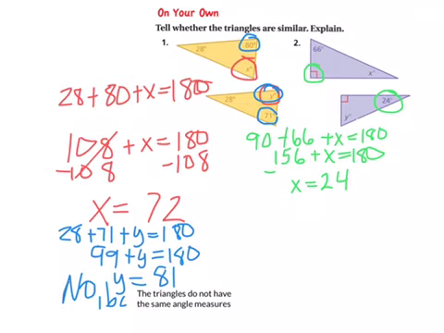But again, let's double check. So I'm going to do the second shape, which you see the 90. So I'm going to say 90 plus 24 plus y equals 180. 90 plus 24 gives you 114.